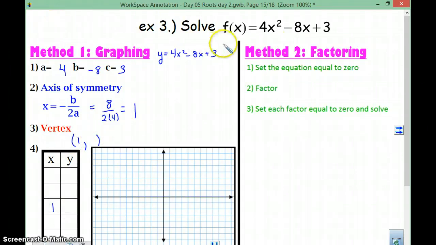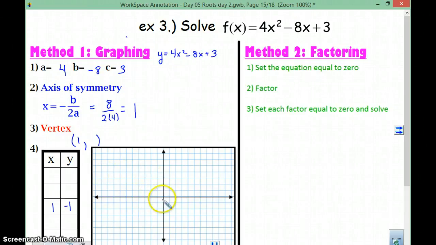Let's do some work. I think I'll do my work right here this time. We've got 4 times 1 squared minus 8 times 1 plus 3. Well, it's not a great place to do work. Anyway, this becomes 4. This becomes negative 8. This becomes 3. What's my answer? Negative 1. I'll do my work right here, okay?